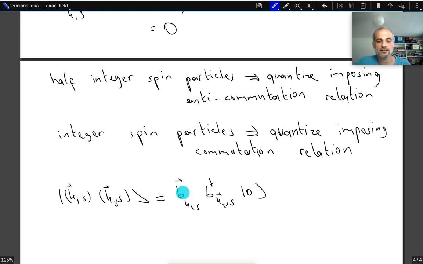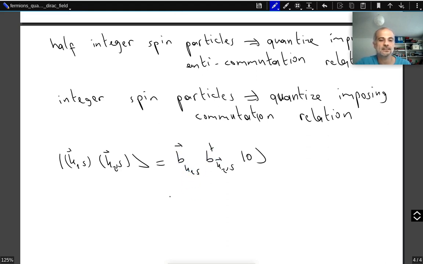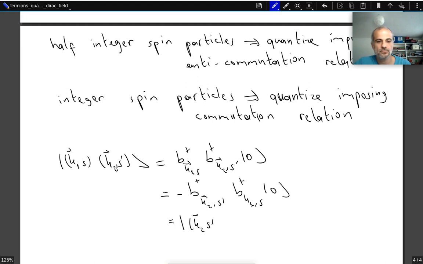So if they satisfy anti-commutation relations, and since k1 and k2 are different, or s and s prime are different, this is minus b of k2 s prime dagger times b of k1 s dagger. But this is k2 s prime, k1 s with a minus sign.